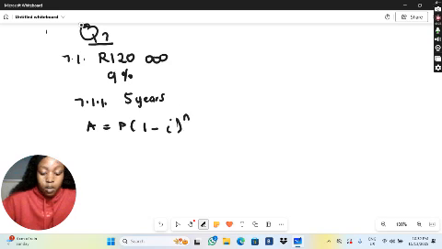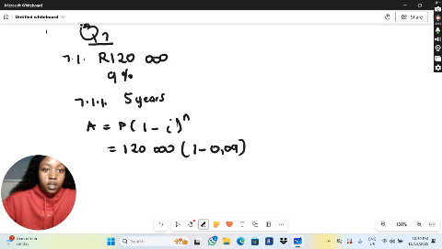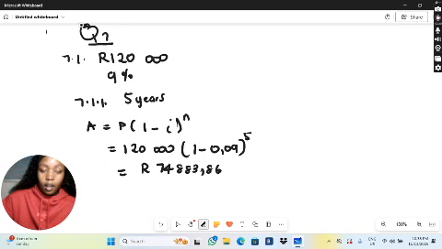So we are going to substitute into 1 minus, our i is 0.09, which is 9% divided by 100, right? And then to the power of 5 years. So our answer will then be 74,883.86 cents, right?